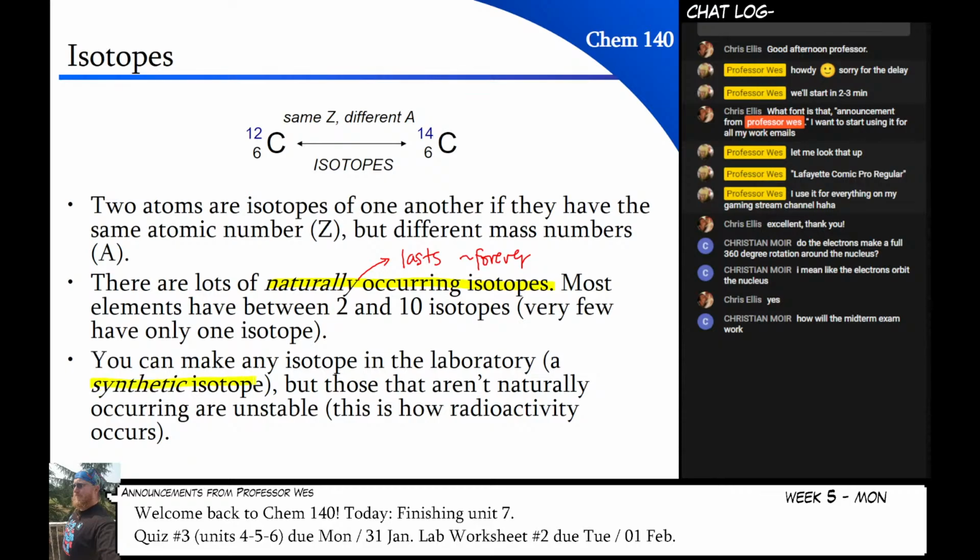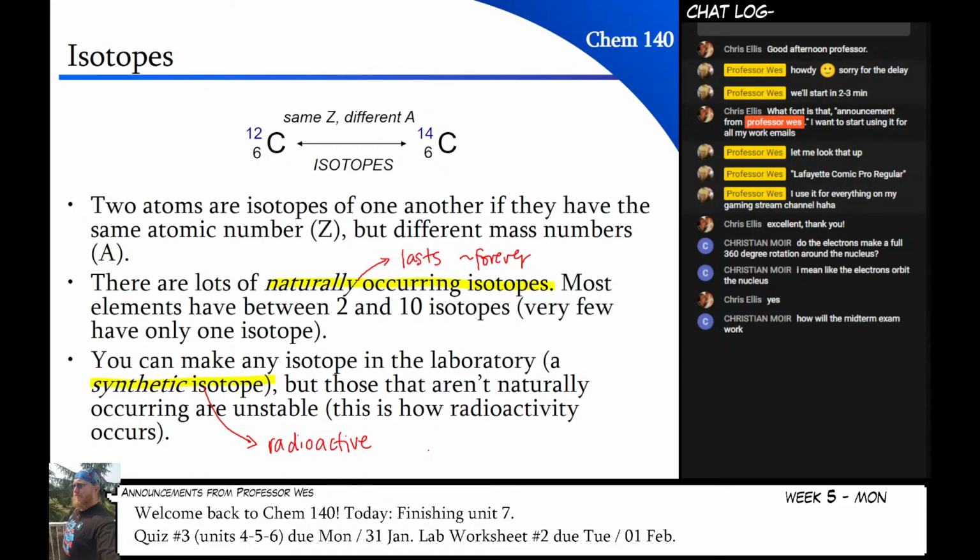So these synthetic isotopes do not last necessarily for very long. That is because they have this property to them. Synthetic isotopes are radioactive.